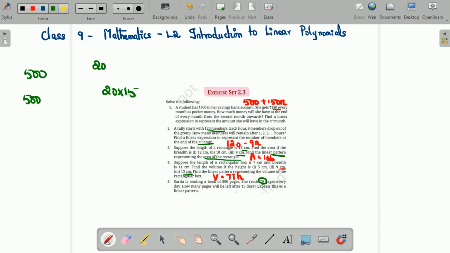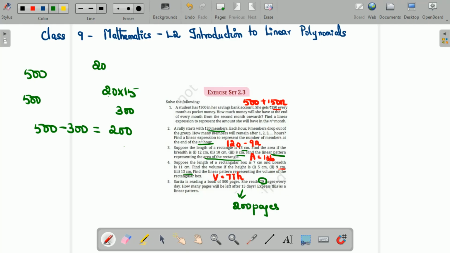So how many pages will she read in 15 days? It's 20 into 15, which is equal to 300. So the number of pages that she has yet to complete will be 500 minus 300, which is equal to 200. So the number of pages that she needs to finish after 15 days will be 200 pages.